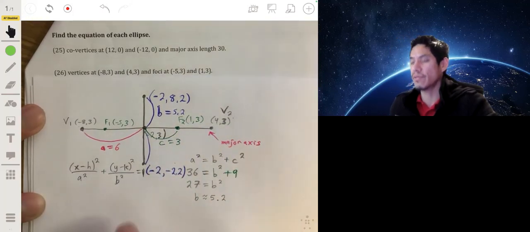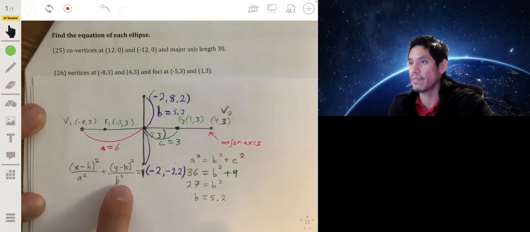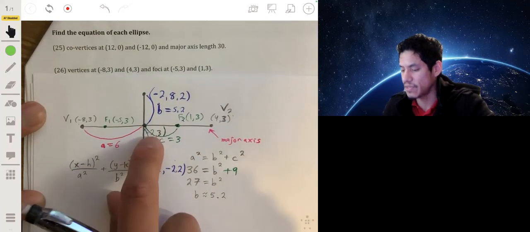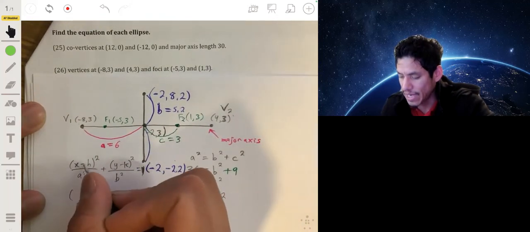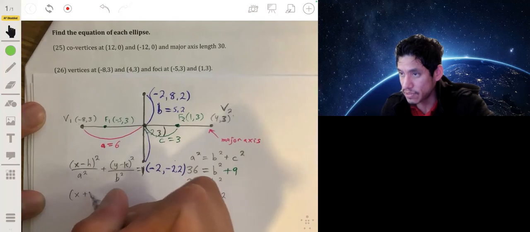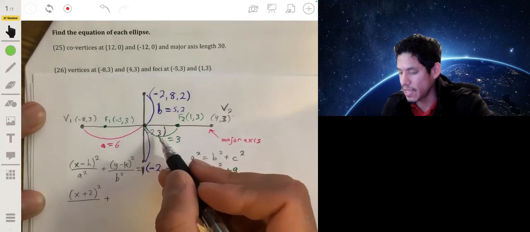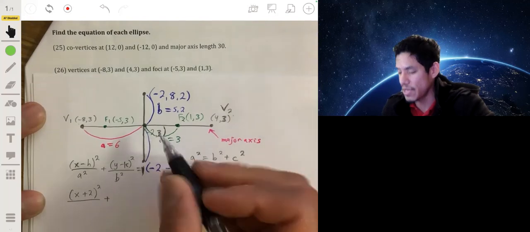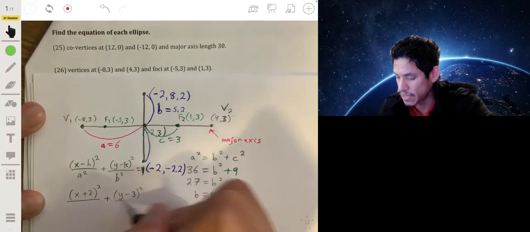That'll be our general equation. So we just fill in the h, k, a squared, and b squared. h is -2. So then we're going to have x minus -2, which is the same as x plus 2, squared. k is 3, so we're going to have y minus 3 as that part.